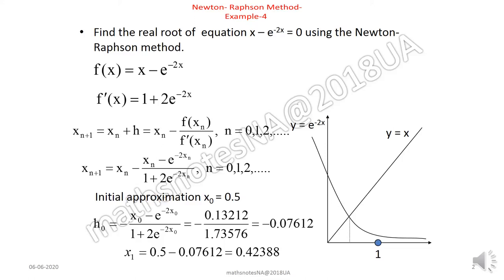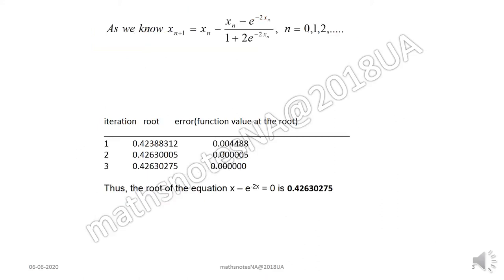In other words, x1 is equal to x0 plus h0. h0 is with a negative sign, therefore we can say x0 minus h0. Now we have this general formula and we keep on continuing with the next approximate roots, and these are the roots here after the first, second, third iteration.